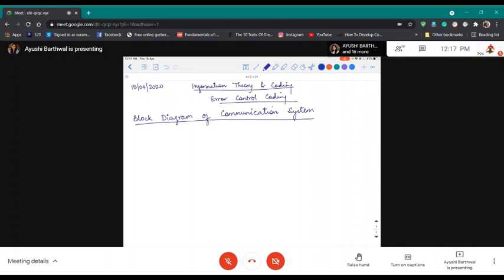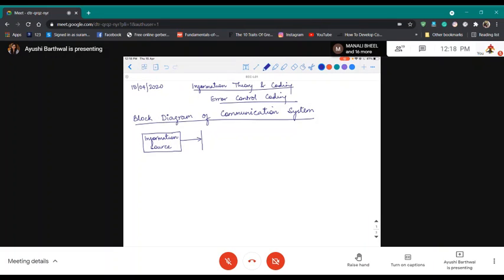So the first and foremost block of communication system is information source. Information source is a source terminal from where generally your messages are generated. So you have studied this portion.